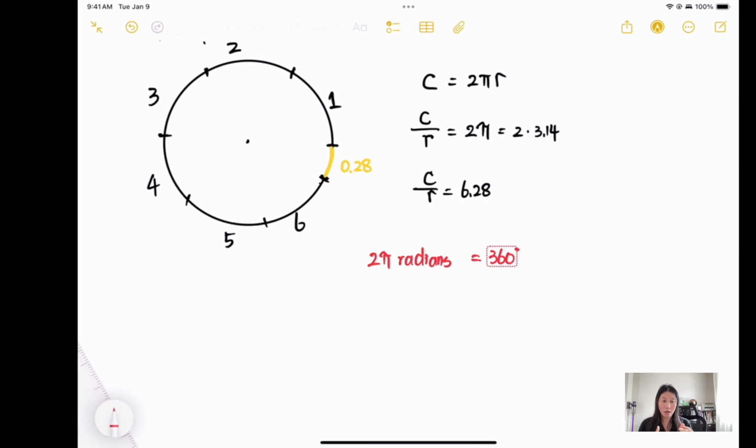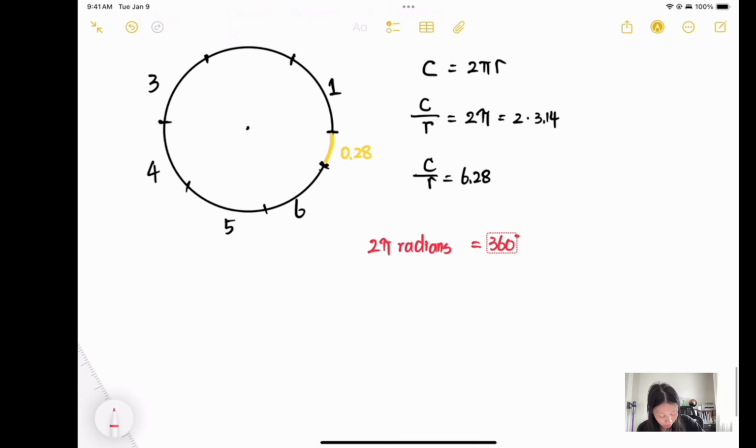That's how we convert radians to angle, because the total measure of a circle is 360 degrees. So the whole, which is 2 pi radians, equals a total of 360 degrees. Now if we simplify it, we divide by 2 on both sides, and I get pi radians equals 180 degrees.